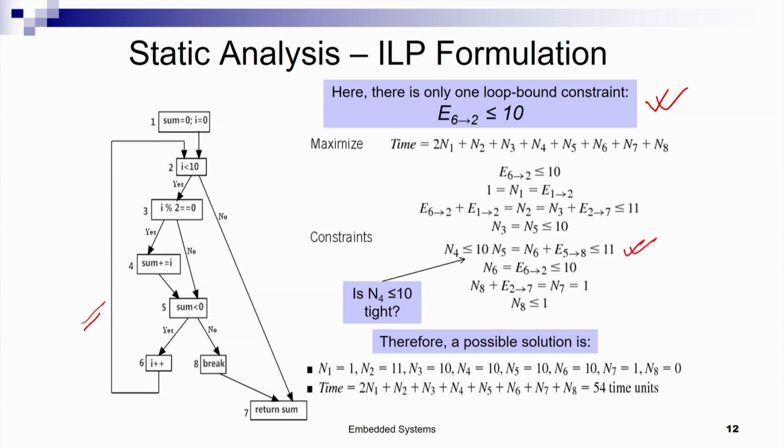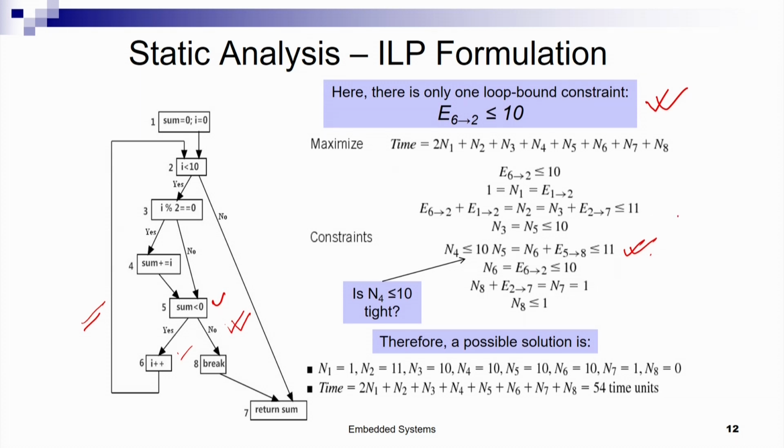So, N5 equals N6 plus E58, and that is less than equal to 11. If the sum is less than equal to 0, once it will go out. Hence, this is the constraint.